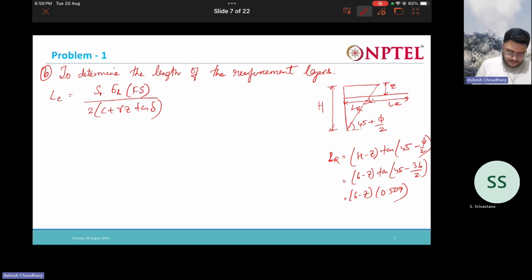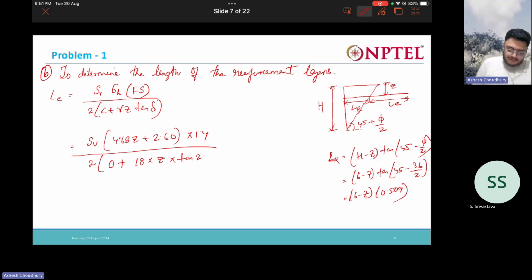So now we can just put in all the desired equations. This is the expression for sigma h. Factor of safety 1.4 we can put, as given in the question. The surcharge in the question is 0, so we consider 0. 18 into z into tan of 24. This is also given in the question, the interface angle between the geotextile and the soil.